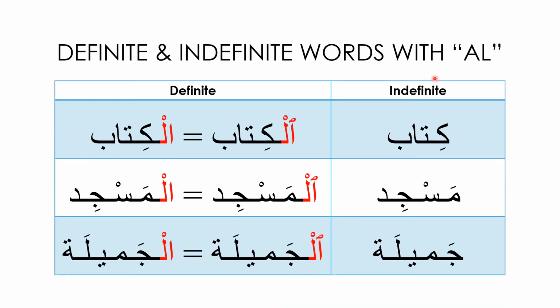Okay, great. Let's look at examples of indefinite versus definite words. Kitab, a book. Al-kitab, the book. Masjid, a mosque.